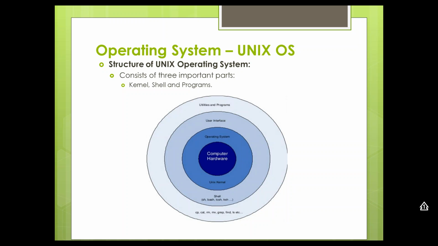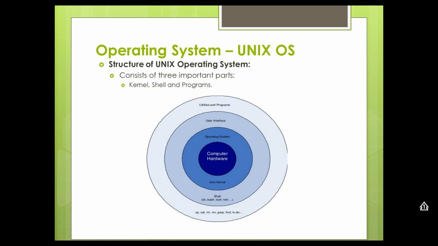That is also a flavor of Unix. All of these are based on this particular structure of the Unix operating system. They have three important parts: the kernel, the shell, and the programs. Programs are nothing but the utilities that you use.